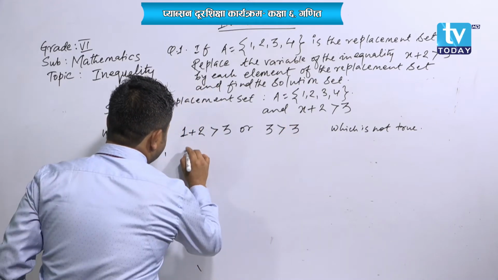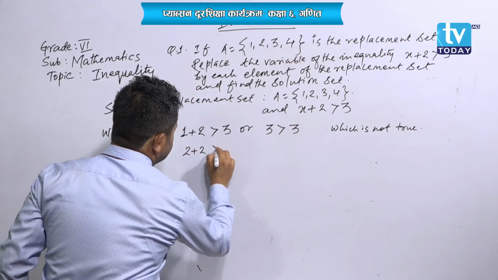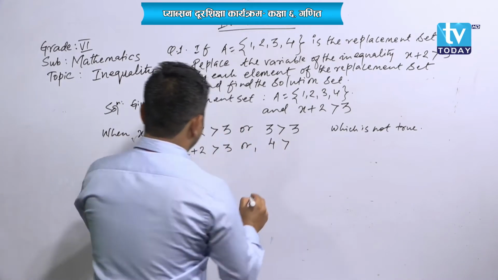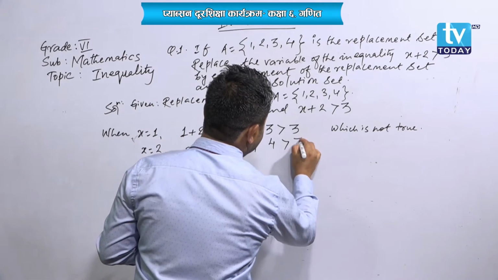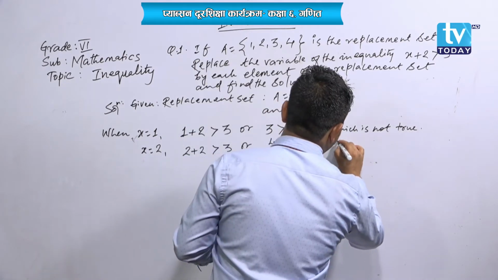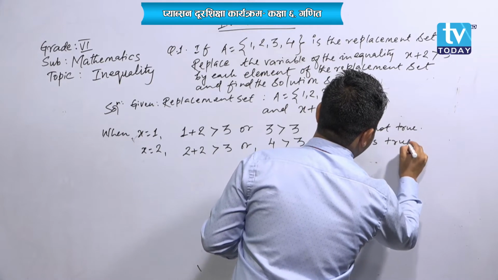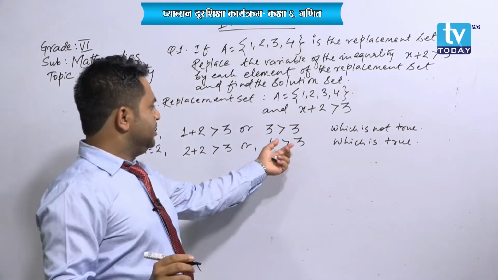When x equals to 2, then you have to replace the value of x by 2. 2 plus 2 is greater than 3, or you can write 4 is greater than 3, which is true, because 4 is greater than 3.